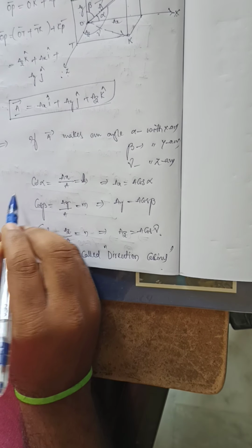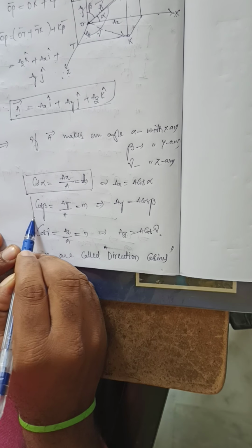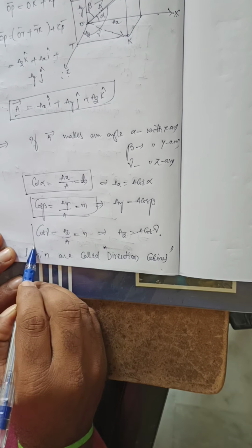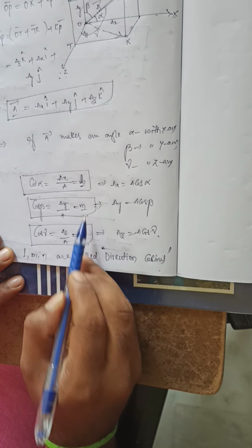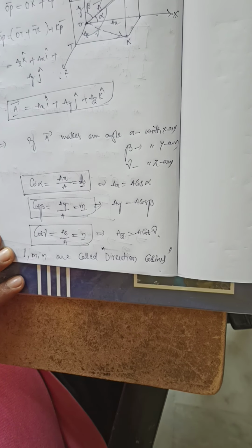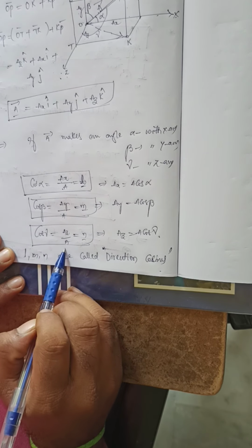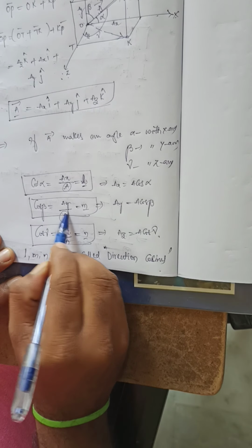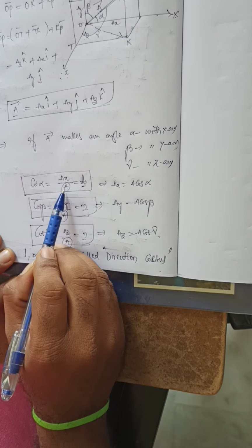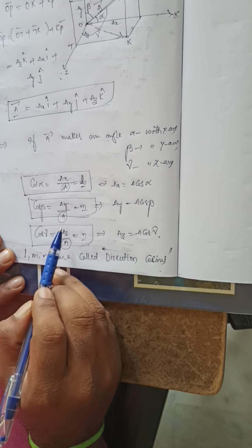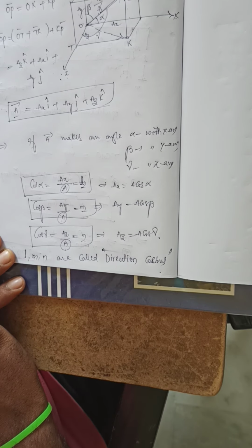While you are doing the sums, there is an important point you must keep in mind: whenever l, m, n are taken as direction cosines, they are AX by a, AY by a, AZ by a. In all these cases the denominator is the same. For example, if it has a value of 2, then all of them should have the denominator 2. This is the important point.